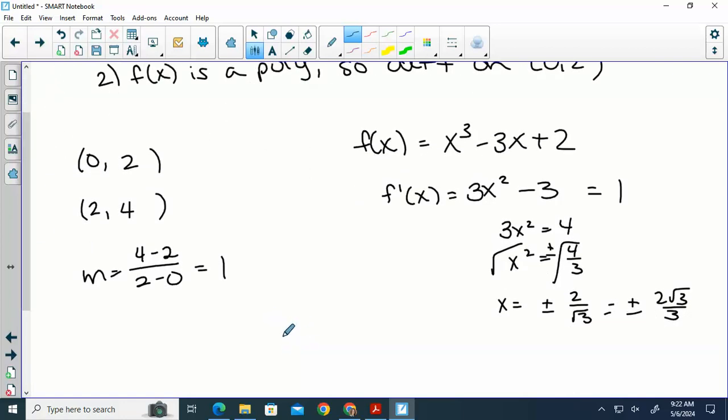Why not? I only want the ones that are between 0 and 2. So the only value that works on our interval is 2 radical 3 over 3. Is that okay?